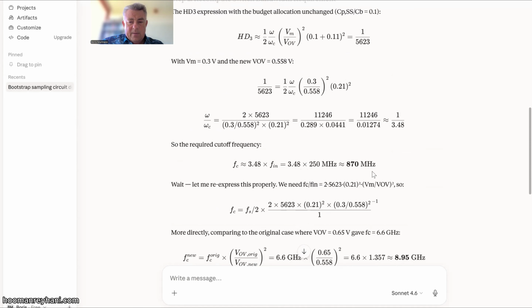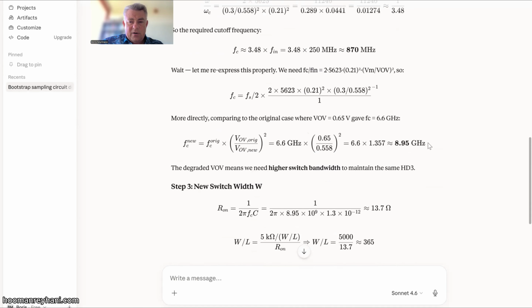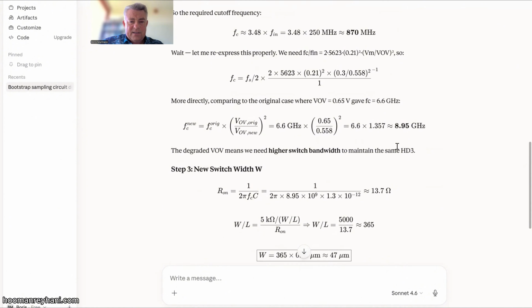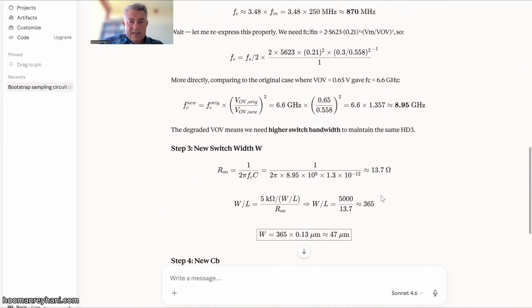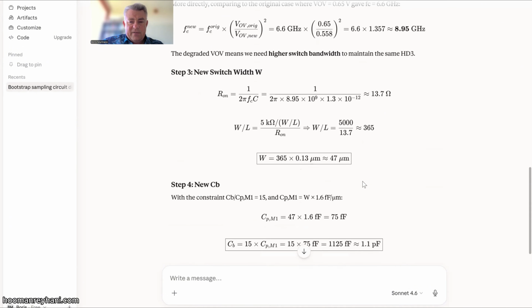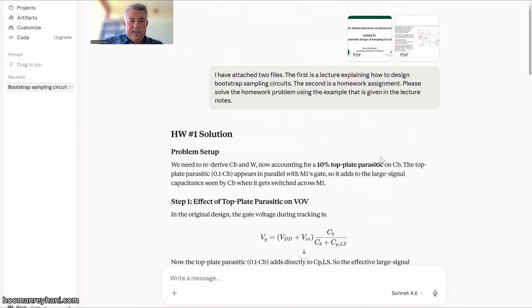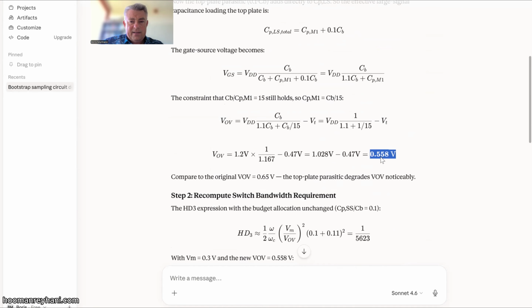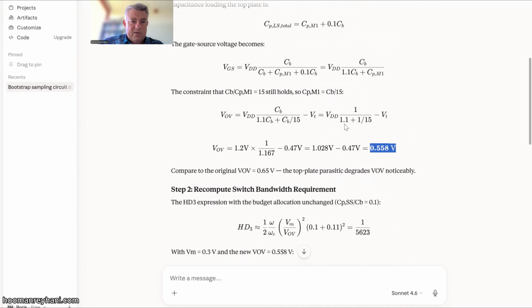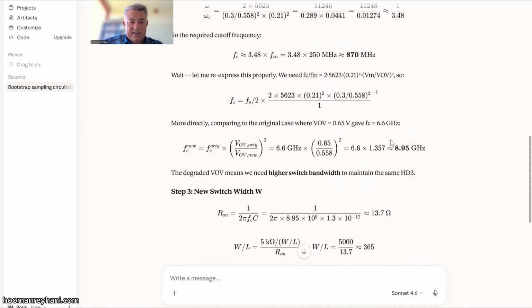So the bandwidth is a little bit smaller, 8.9 gigahertz, and therefore the switch is a little bit smaller, 47 microns, and the bootstrap cap is a little bit smaller. But interestingly, all of these steps are totally correct. It just decided to use less of an approximation than I did.